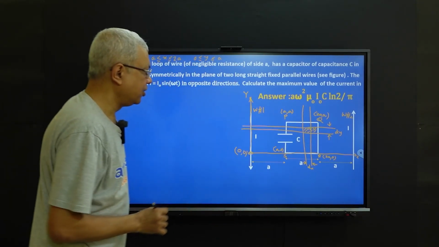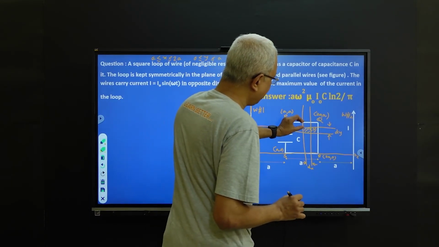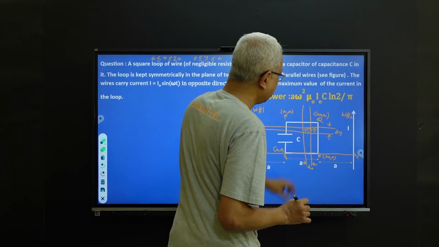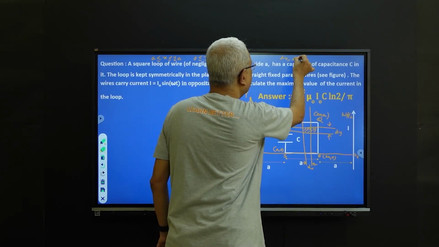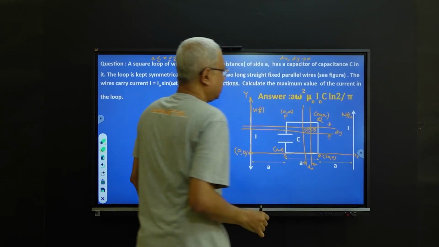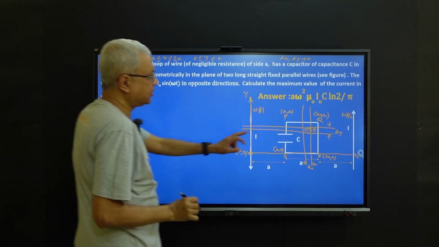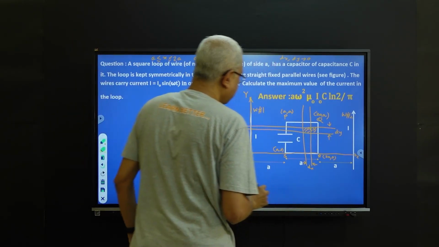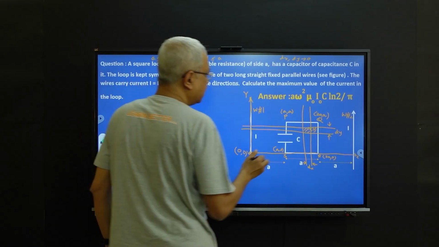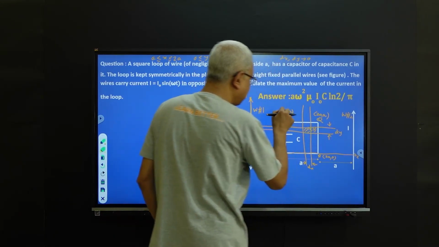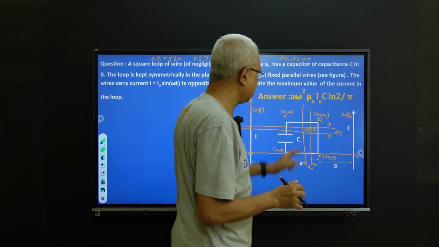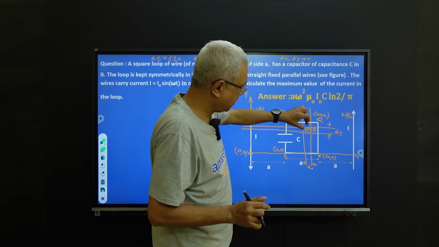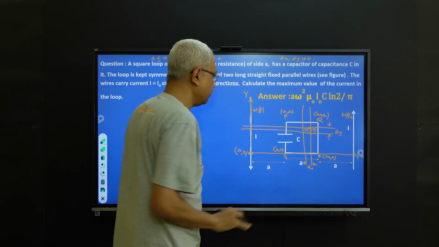Dx dy are very small quantities, so we can assume that the magnetic field produced by the current carrying conductors through this rectangular area is uniform.